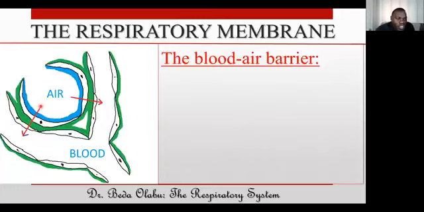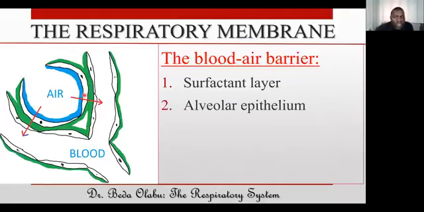Which structures will oxygen go through from the alveolus to the blood? The first one would be the surfactant layer, the one in blue. After that, oxygen will diffuse through the alveolar epithelium, which is basically pneumocyte type 1.